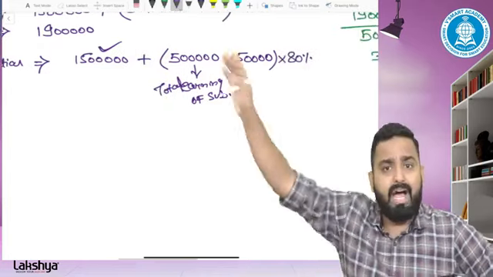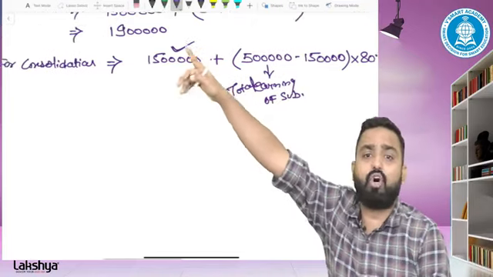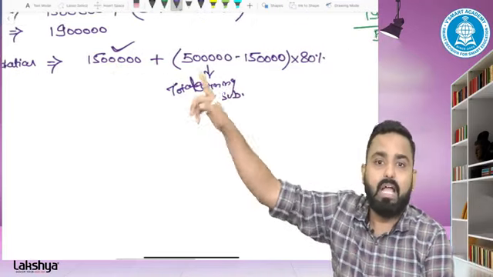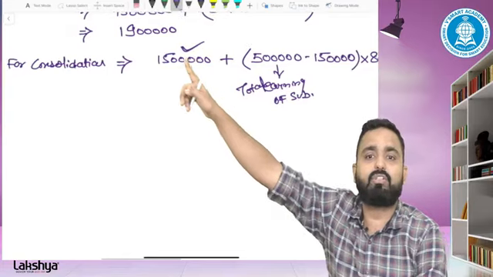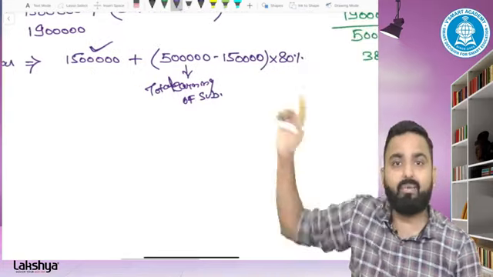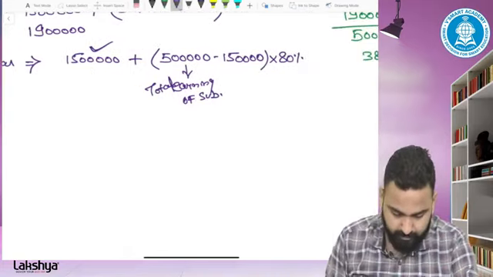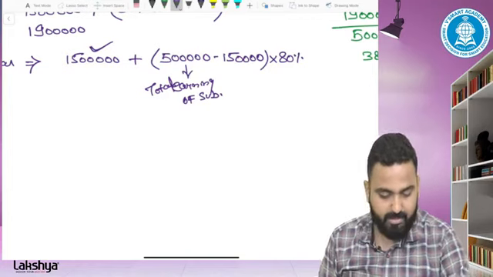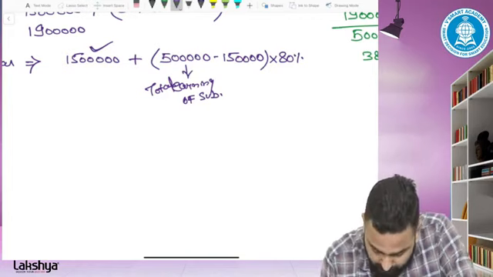Understood? So I am deducting here because it is already included in the 80%. Understood?